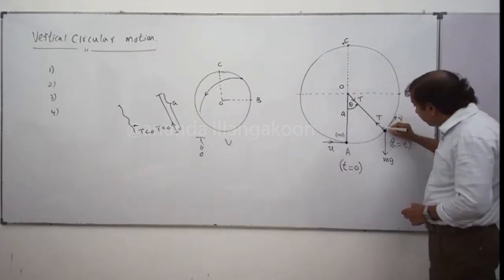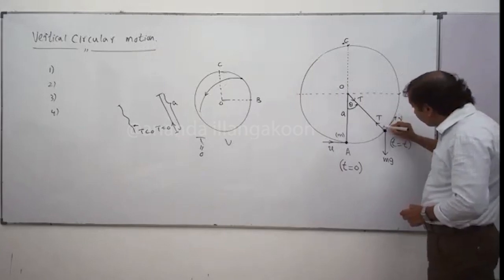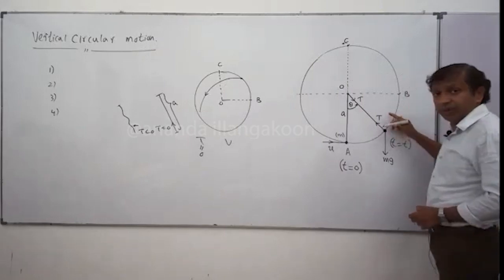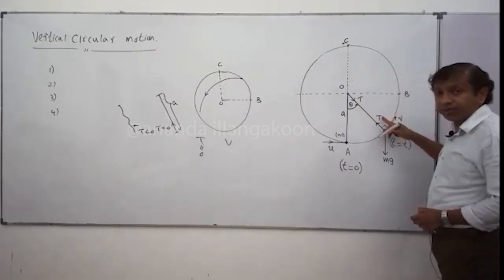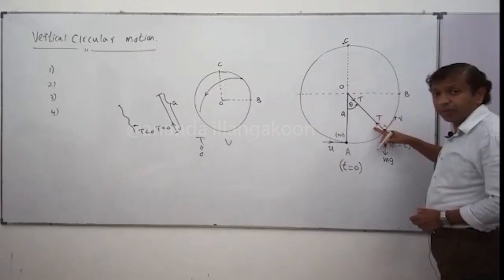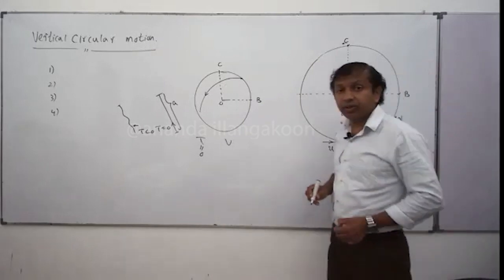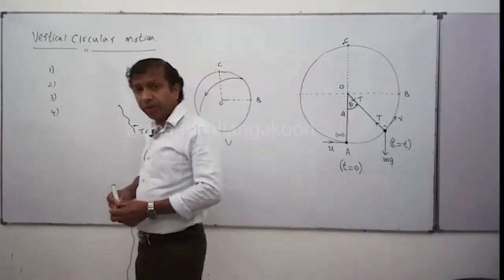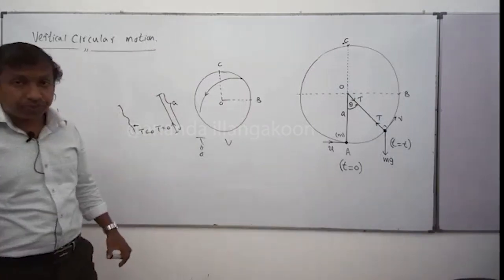The angle between the string and this velocity is 90. In other words, the tension T in the string is perpendicular to the direction of motion of the particle. Understood?